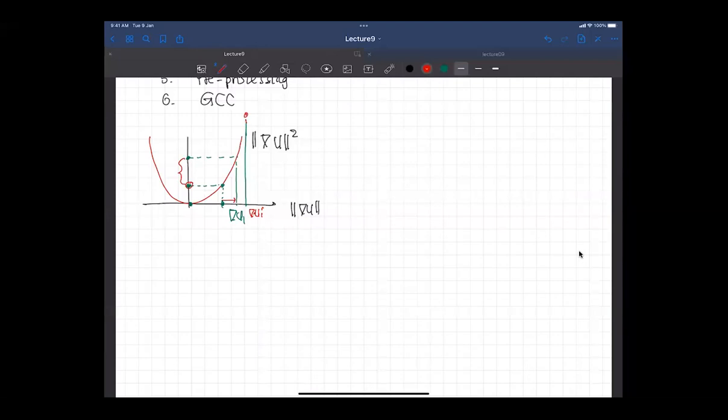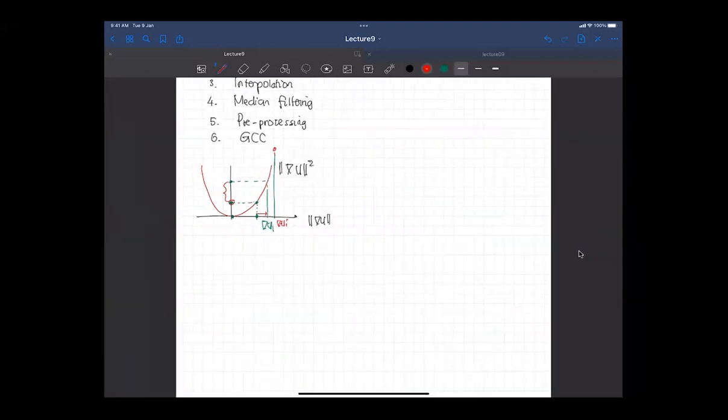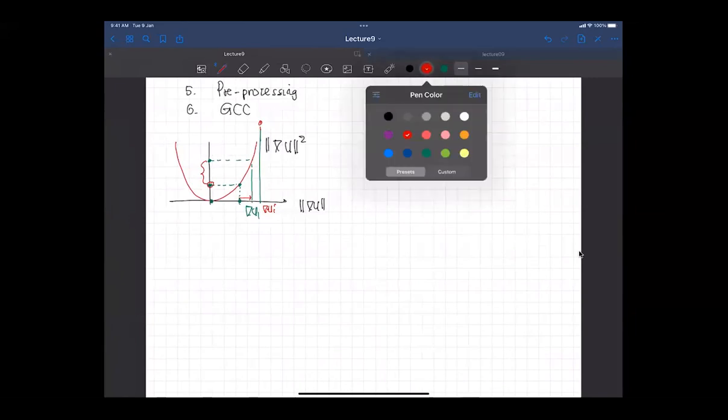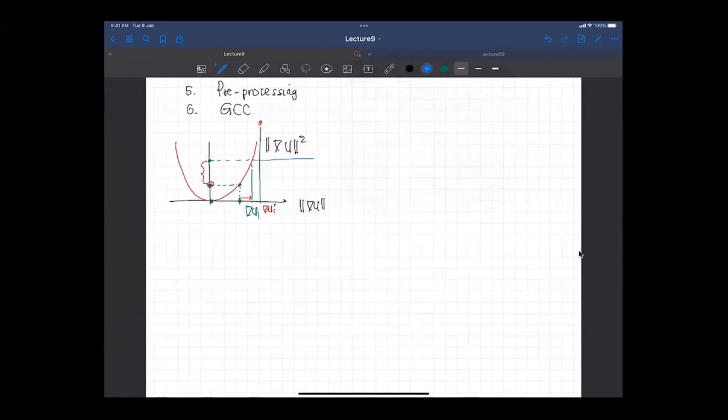In order to deal with this, what people do is make it non-quadratic, non-convex. Too much penalty is something that we do not want, so what we can do is clip this function, becoming the blue function here. The function that we apply is not a quadratic function anymore, but becomes a truncated quadratic.